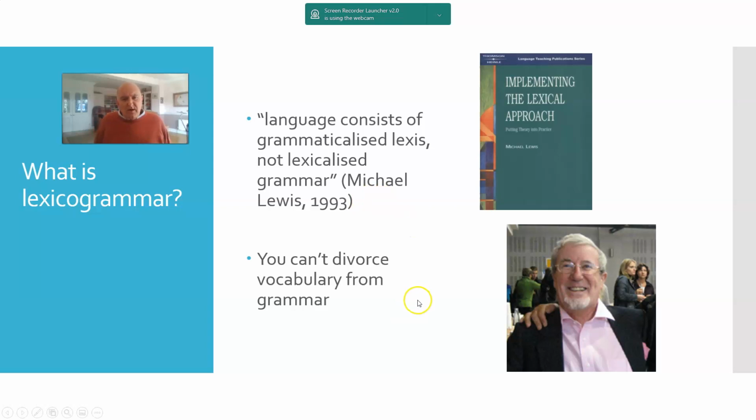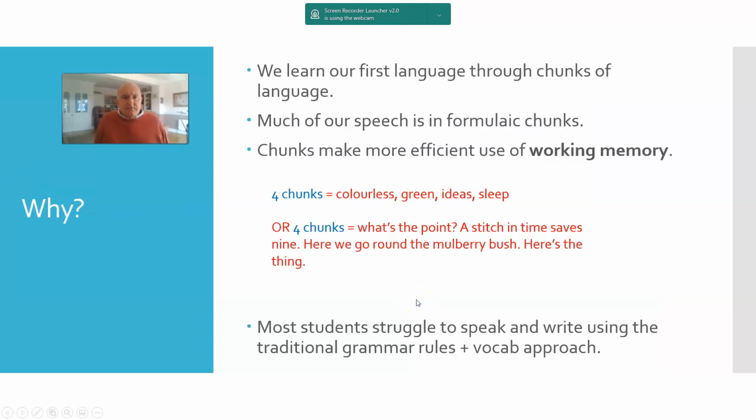Now, where could this lead us in practice? Firstly, it's worth bearing in mind that many researchers say that when we learn our first language, essentially we're learning chunks of language. We hear lots and lots of repeated chunks, and by some views of this, our brain is able to pick out the most frequent chunks, and combine chunks together to make acceptable sentences.